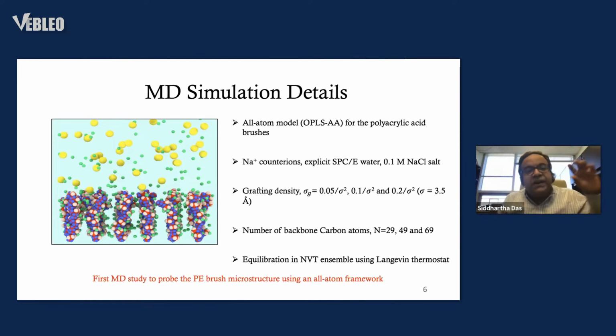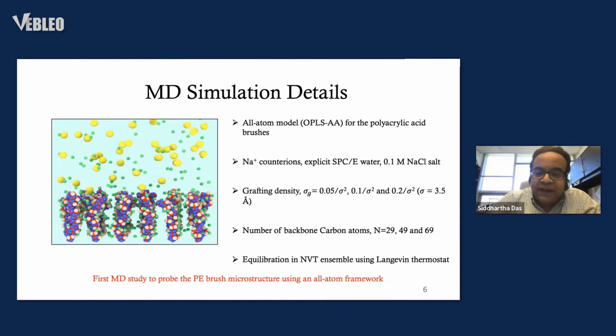That means each repeating unit, each monomeric unit, would have one COO minus. We have sodium counterions screening the charges of the polyelectrolyte brushes, and we have explicitly modeled SPC water. Additionally, we add salt, 0.1 molar sodium chloride, in the system.